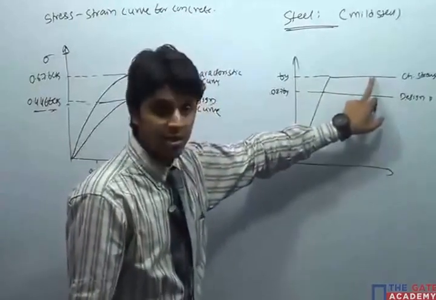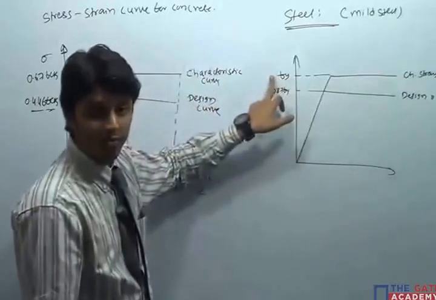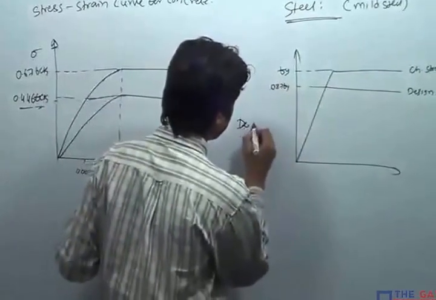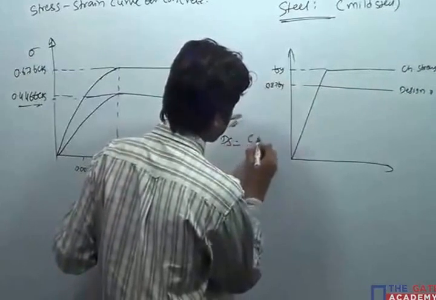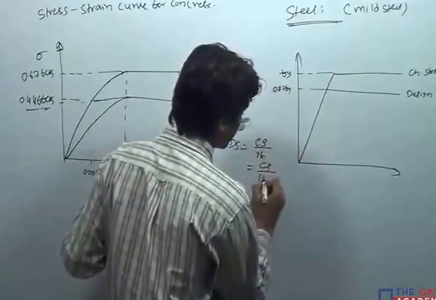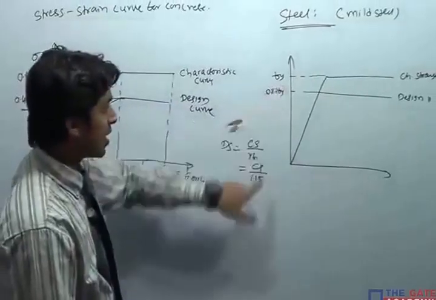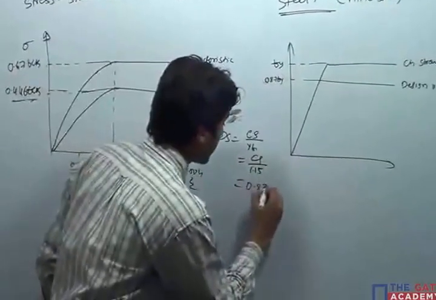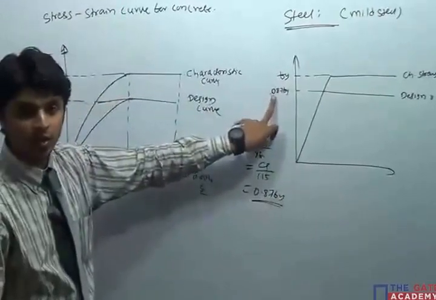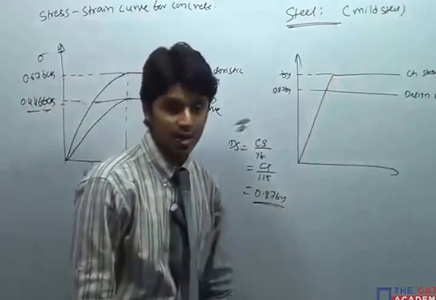The characteristic strength is Fy, whereas the design strength is given by characteristic strength divided by the partial safety factor for steel, which is 1.15. If you divide Fy by 1.15, you will get 0.87 Fy. So that's why I mentioned this as 0.87 Fy. Here you have a well-defined yield point, and after that it becomes a straight line.